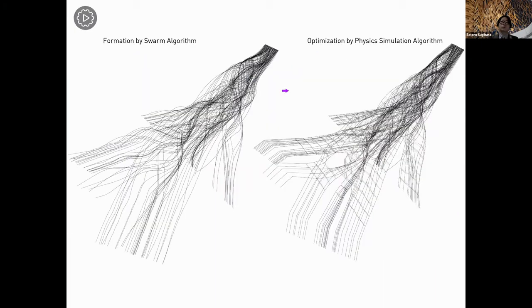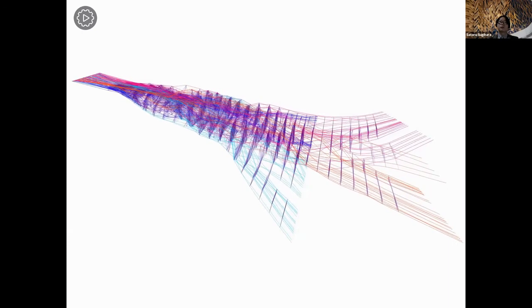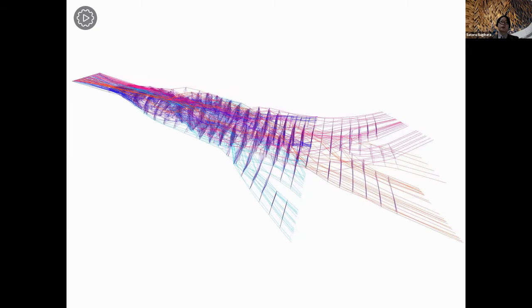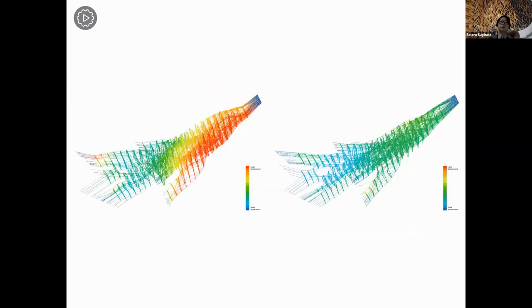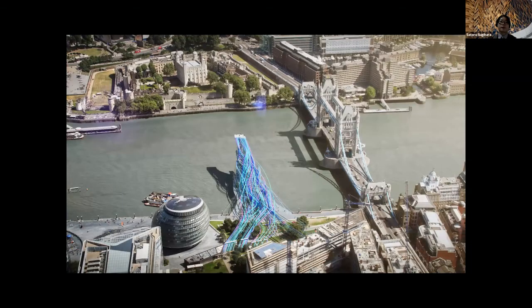The next part is the structure simulation, with the compression agent and the tension agent. When they hit equilibrium, the structure is optimized so that it can be built that way. This was actually just a proposal for a magazine, an imaginative project for London, on the Thames River.